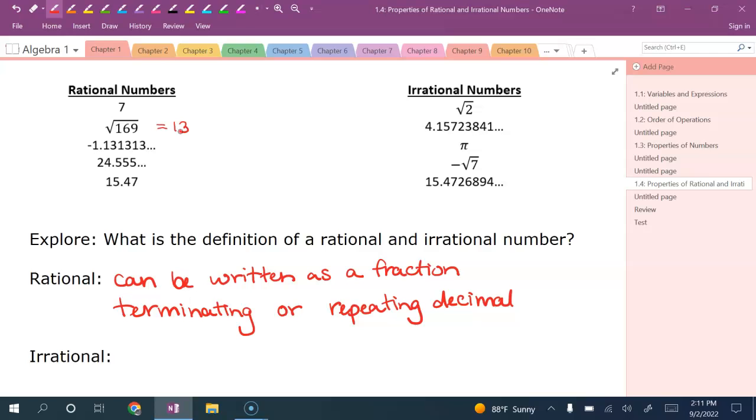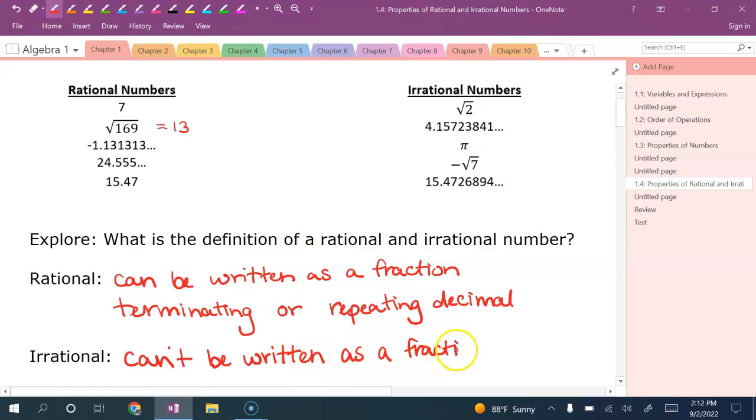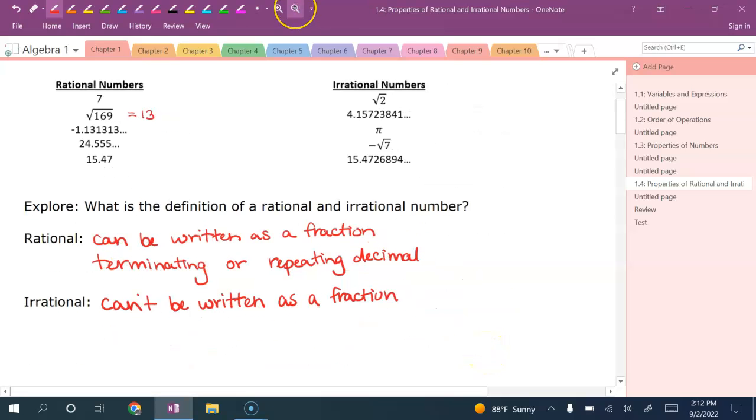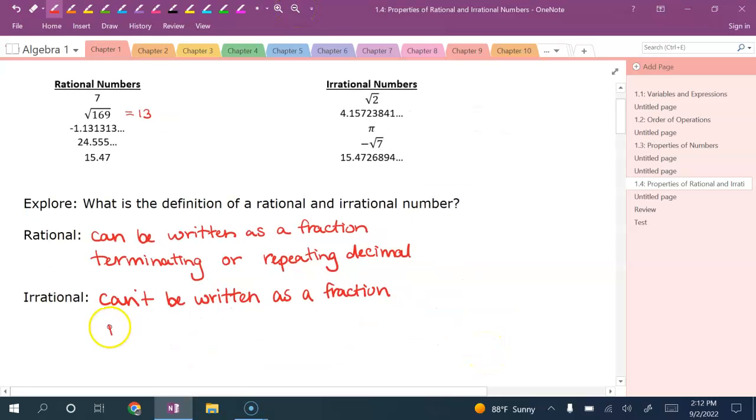Now, irrational numbers, so those would be all of the ones over here on the right. These ones are a little bit different in that these would be numbers that can't be written as a fraction, or they have non-terminating, non-repeating decimals.